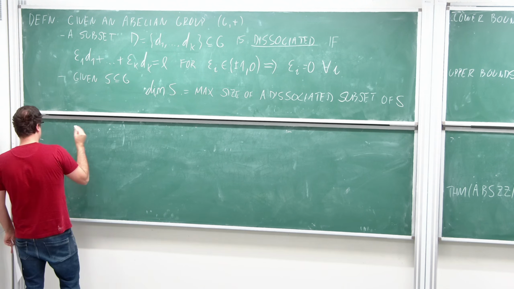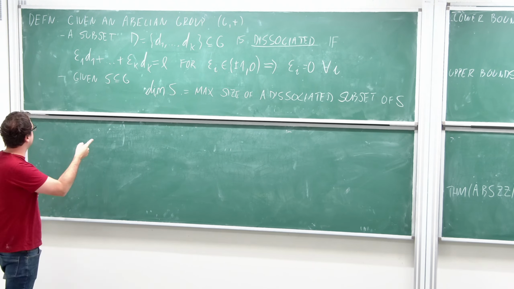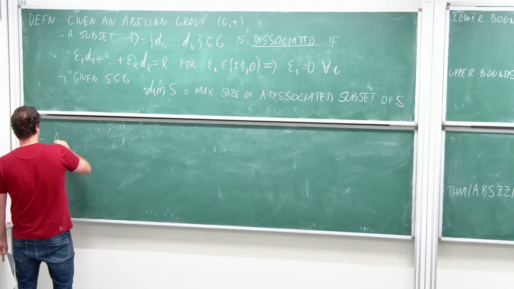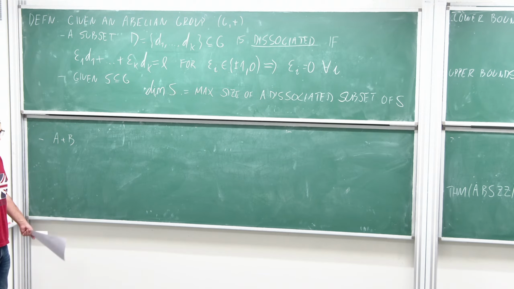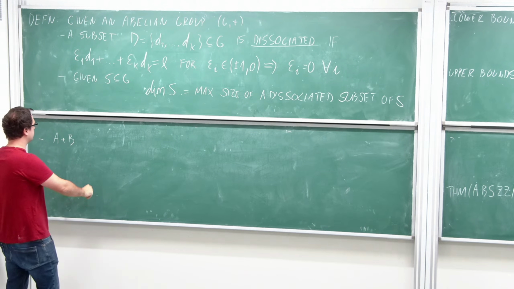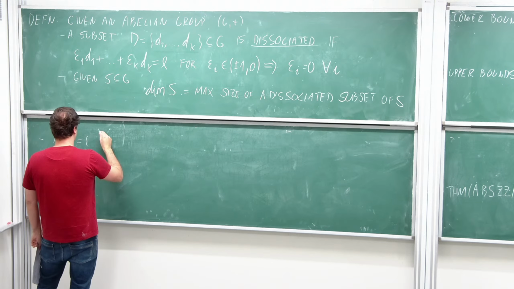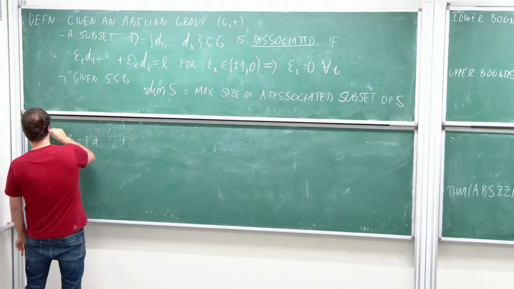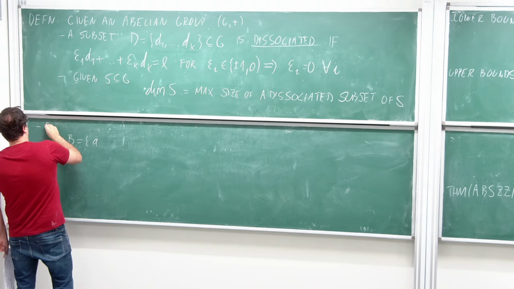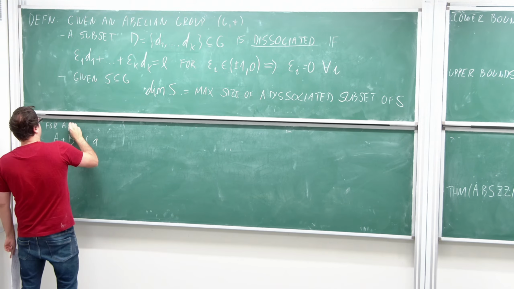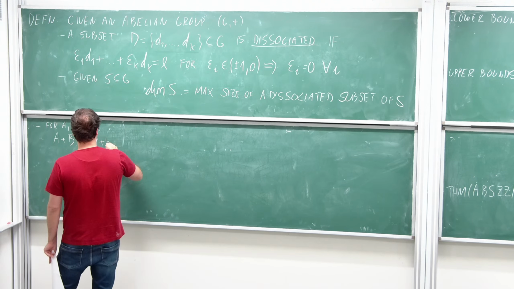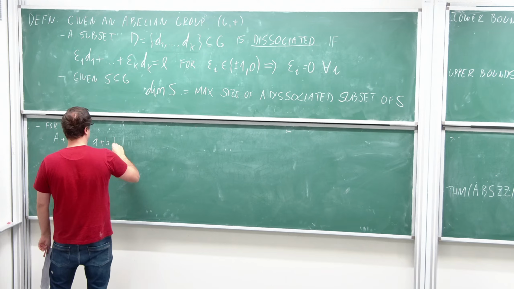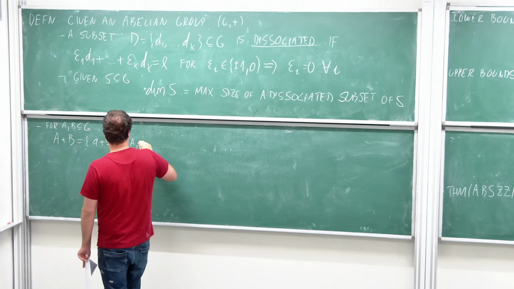To explain that, first I need one last piece of notation, which is the notion of a sumset, another classical object that has been studied quite a lot. For two subsets of your group, A plus B is just the collection of pairwise sums where you take the elements from the respective sets.